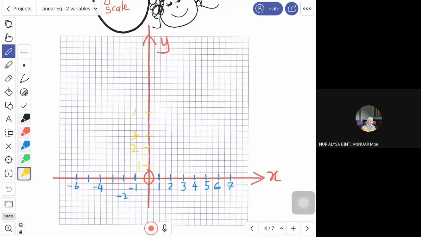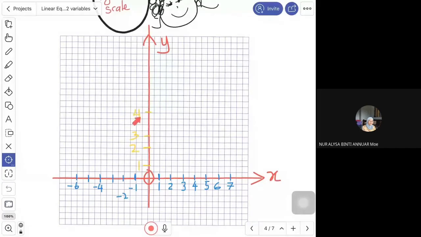Why is it wrong? The space is uneven. Here between 1 and 2 is 2 grids, between 2 and 3 is 3 grids, then between 3 and 4 is 2 grids, between 4 and 5 is 4 grids. This is uneven, so it is called irregular. This kind of scale is wrong. If you label your axis, please make sure they are regular.